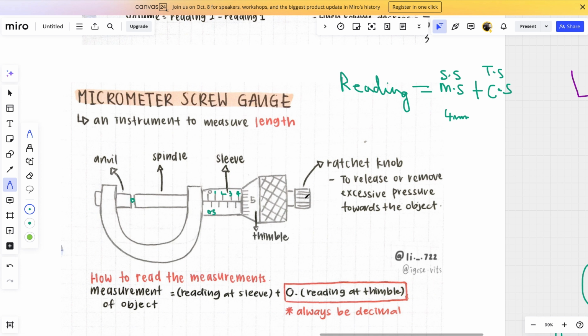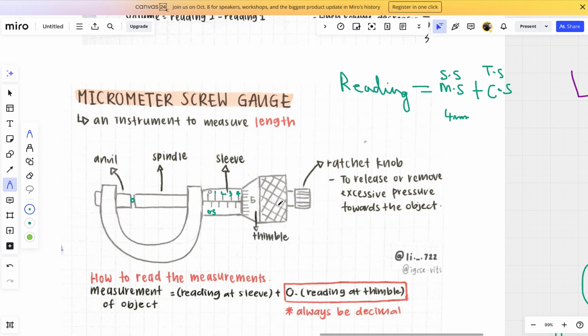When you screw it, the spindle continues to extend outward and holds the object tight against the anvil, A-N-V-I-L, very tightly.